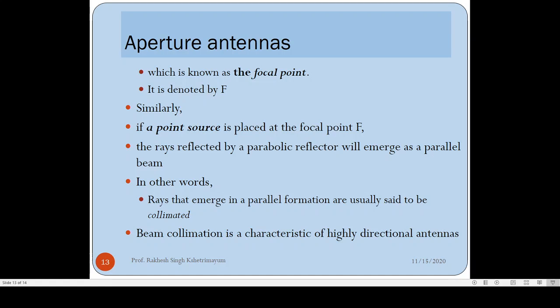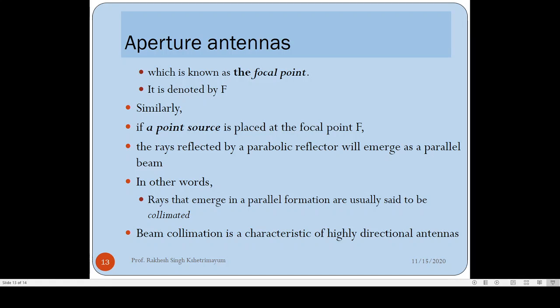And we usually call the rays that emerge in a parallel formation a collimated beam. So this beam collimation is a characteristic of highly directional antennas. If I want to have a highly directional antenna, I need to have beam collimation.